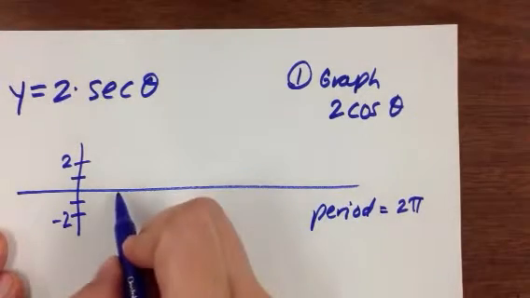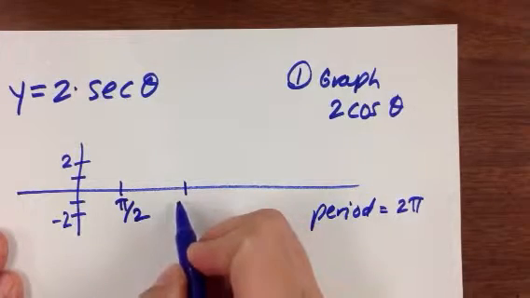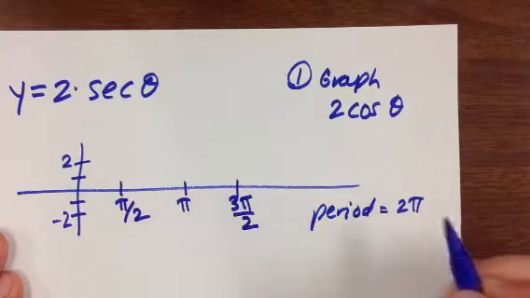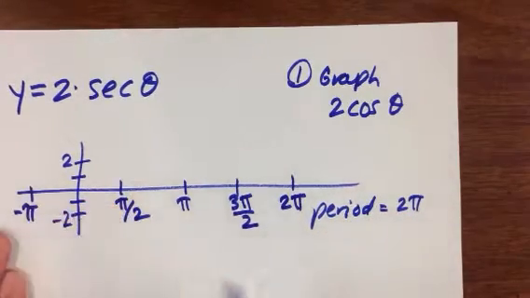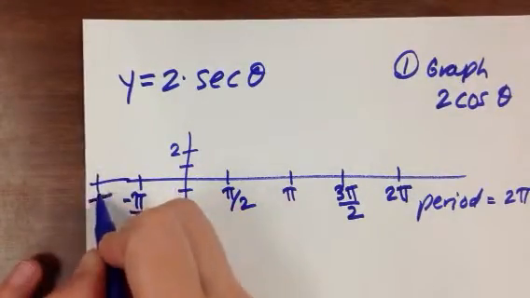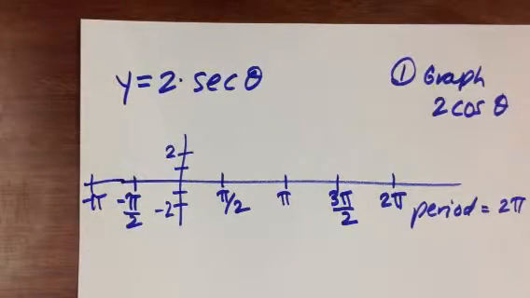So I'll be looking at pi over 2, pi, 3 pi over 2, and back at 2 pi, and we'll go negative pi over 2, negative pi. And what I recommend is when you graph your cosine function first, you graph it with a pencil really lightly.